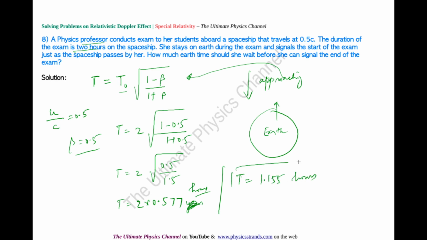So on Earth, the professor has to just wait for about 1.155 hours before she says the exam is over. So please indicate that with the signal so that on the spaceship it will have been 2 hours for the students, they will have completed the exam. That's the answer to this question. Let's move on to the next one.